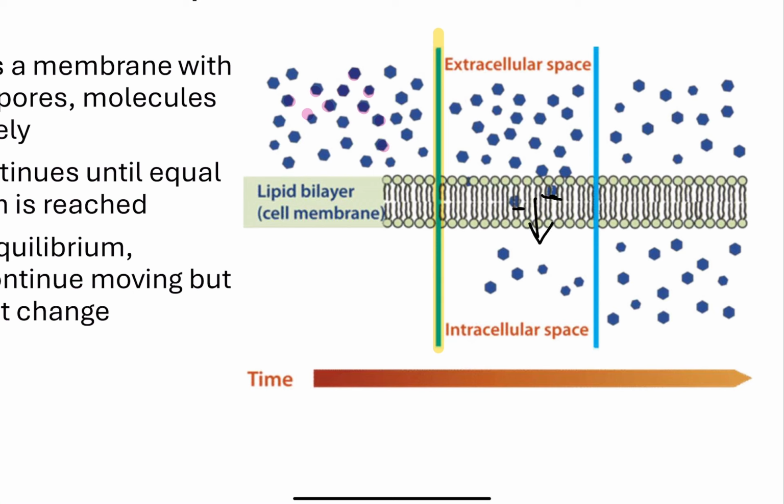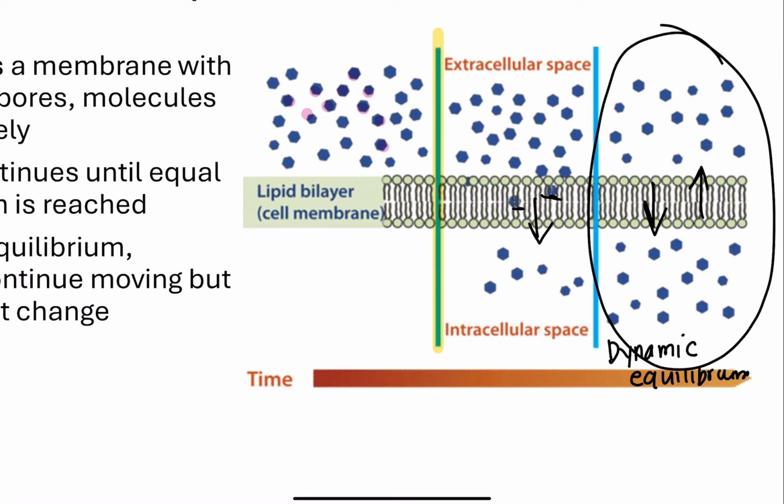And then when that net movement of molecules across that membrane continues, it's going to reach something called equilibrium. And after equilibrium, we get dynamic equilibrium. Dynamic equilibrium just means that we're going to have the passage of these molecules in and out, in order to maintain the equilibrium that we have in this space.